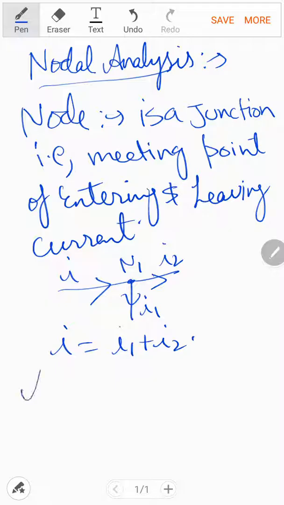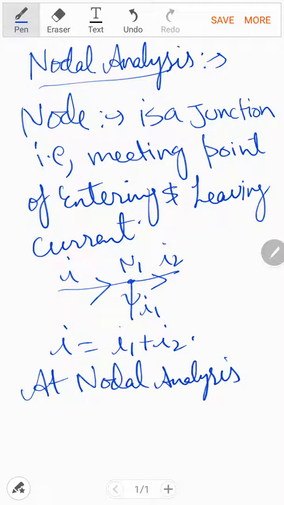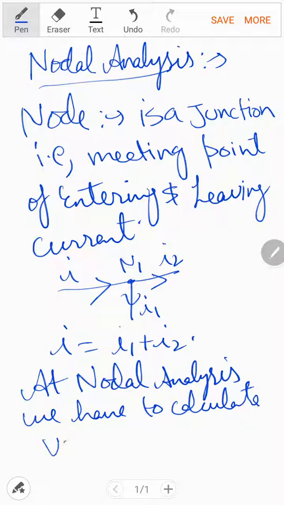So in nodal analysis, we have to calculate the voltage at nodes. That's what nodal analysis is all about.